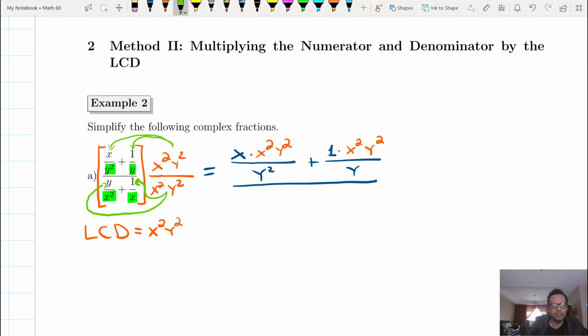So in other words, this y multiplies the quantity x squared y squared, and then I'm going to divide by the quantity x squared that is highlighted here.